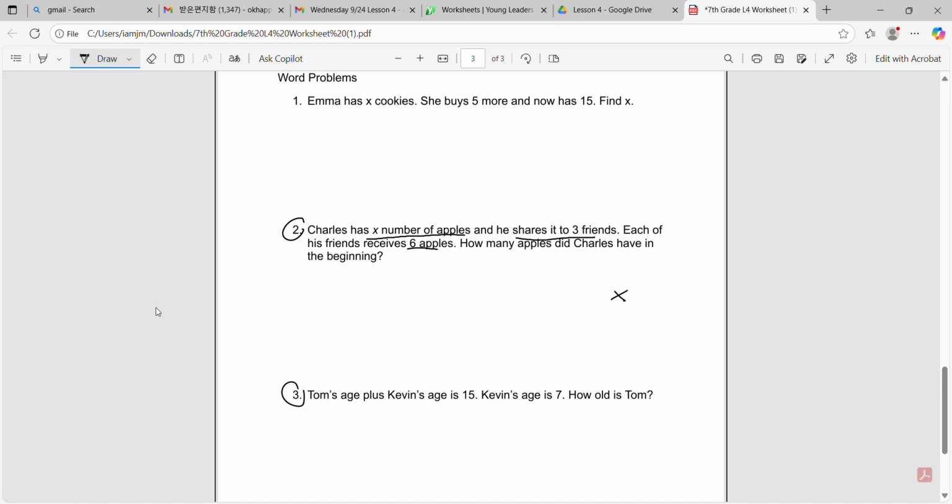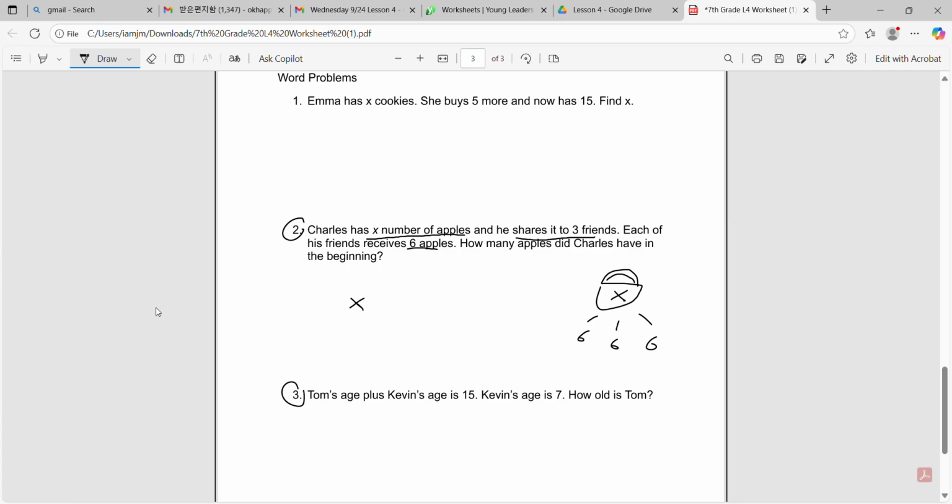So he had X apples. Okay, let's draw an apple basket. And he shares it with 3 friends, and each friend receives 6. So he has an X number of apples, and he shares it with 3 people.